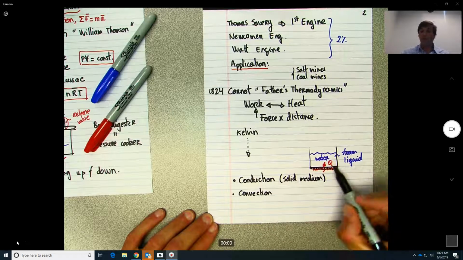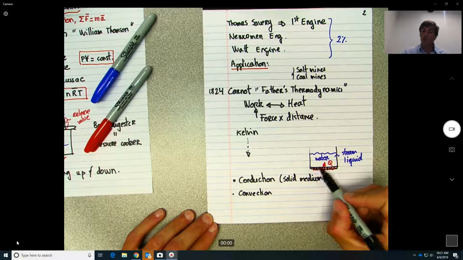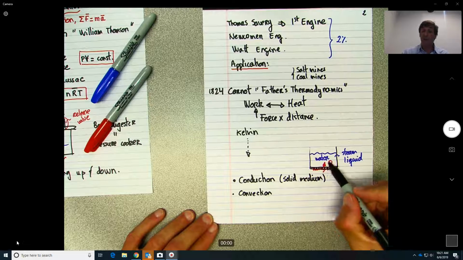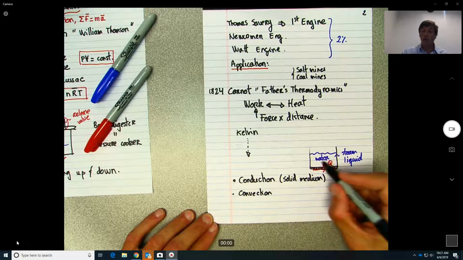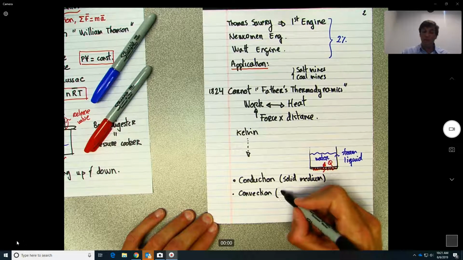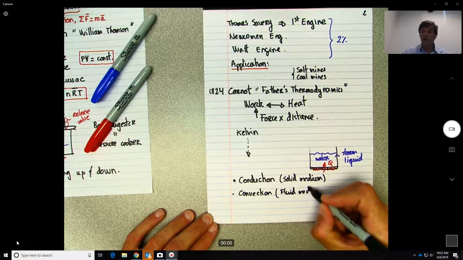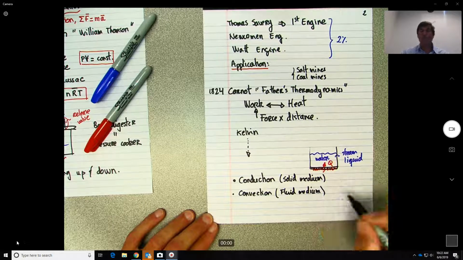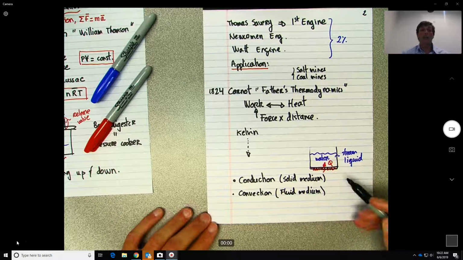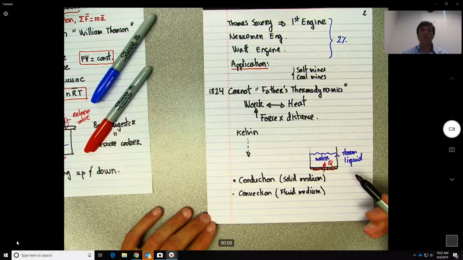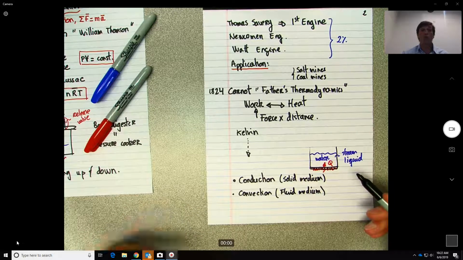So convection now will be, if you want, how you transfer the heat between the surface of the pot and the water. So basically the water is liquid, so it will be a fluid medium. So if you want an easier example, it will be the fan in a house. What is the function of the fan? Is to increase the motion of the air so it can remove faster the heat from your body.